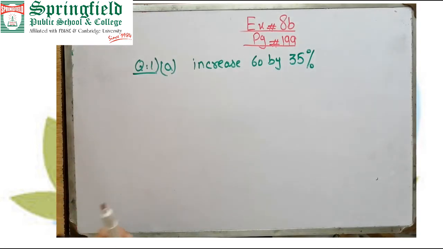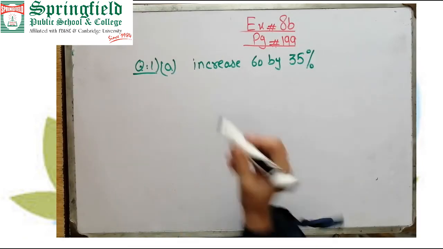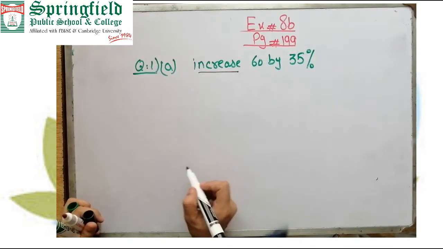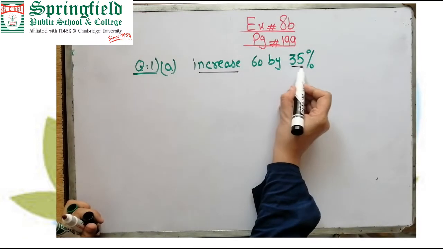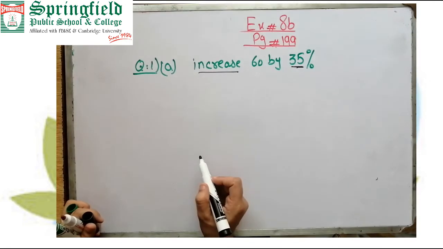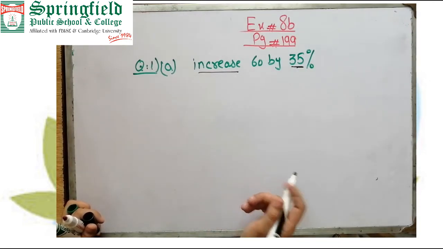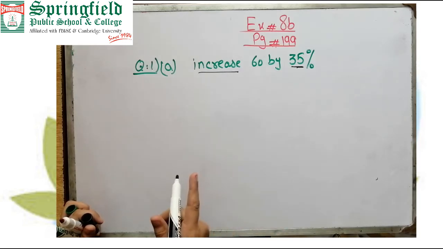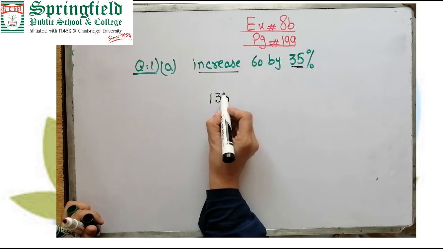So the word increase is used. It means we will add to the 100. Increase is used, it means we will do addition. So 35% will add into the 100%. So when we add 35 into the 100, it will become 135%.